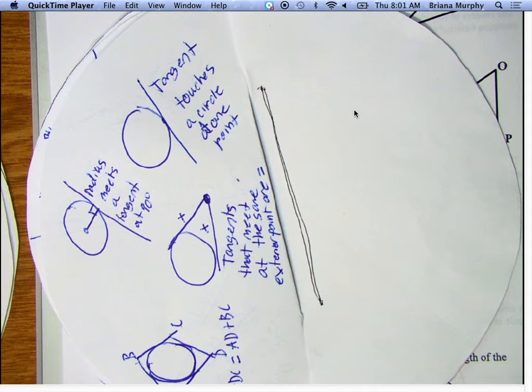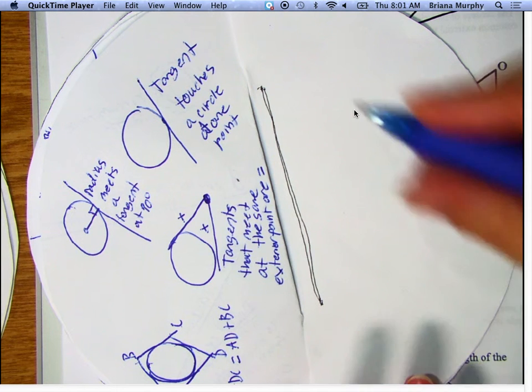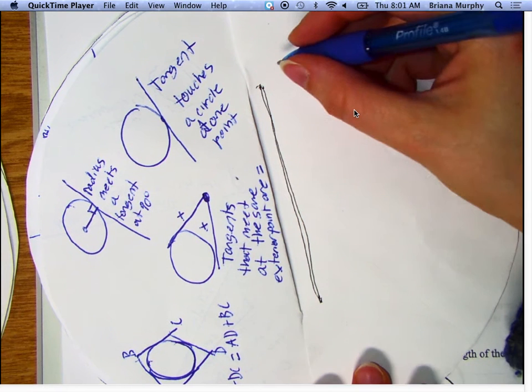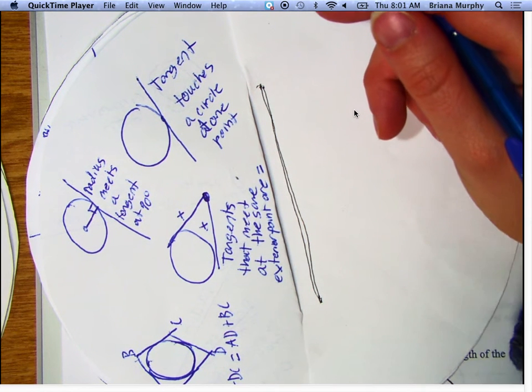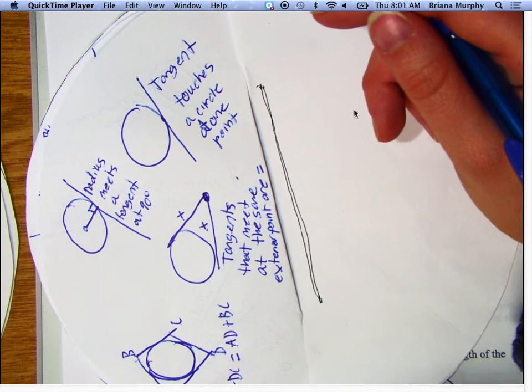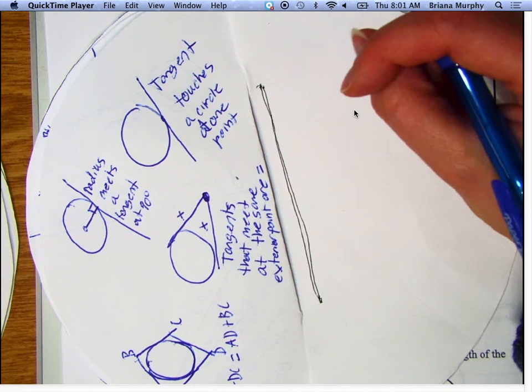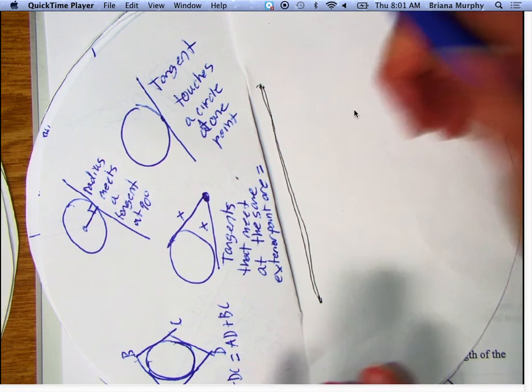One of the things we're going to add is stuff about internal and external tangents. Okay? So I'm going to draw a picture, and I'm going to ask you if you think it has internal tangents or external tangents.